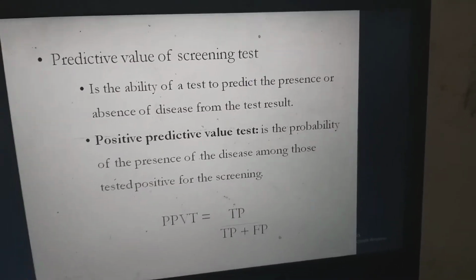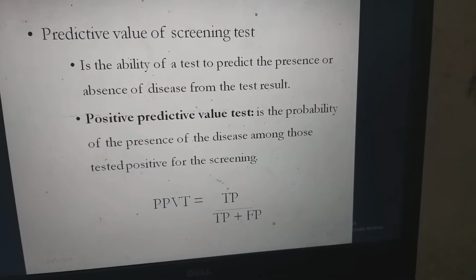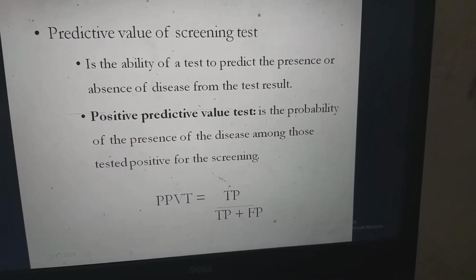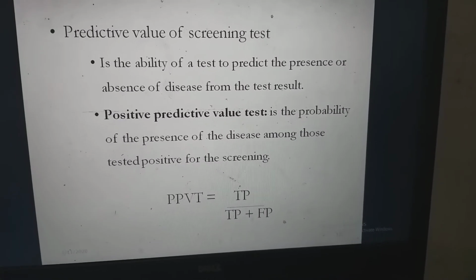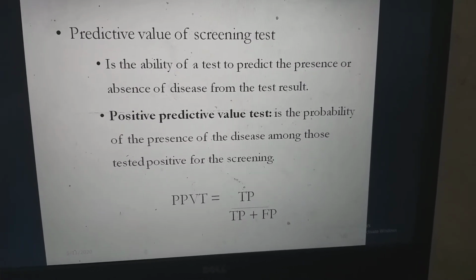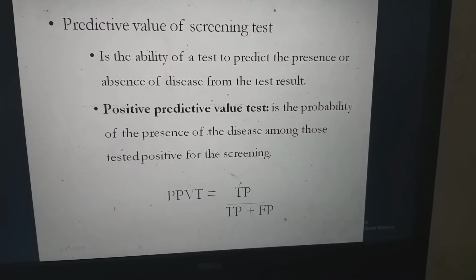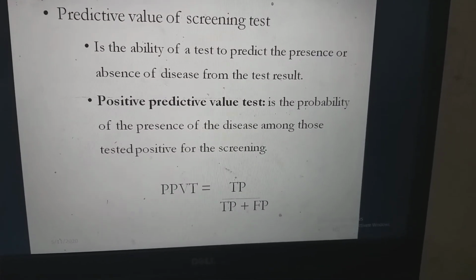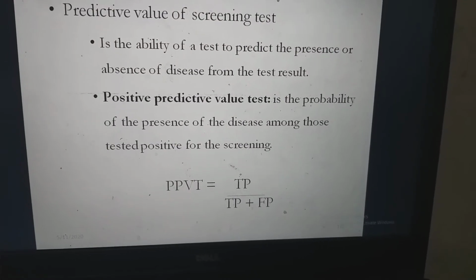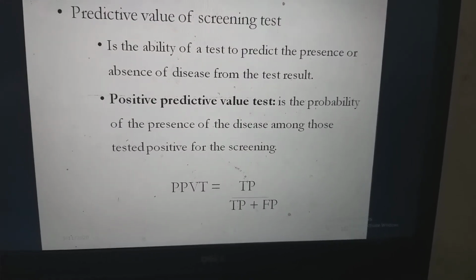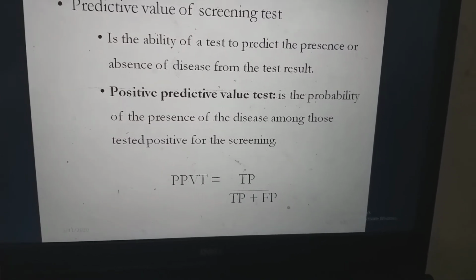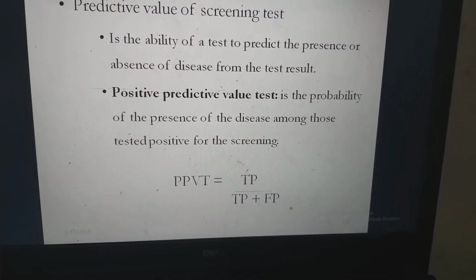Good. Predictive value of a screening test. Predictive value is the ability of a test to predict the presence or absence of a disease from the test result. So there are two things here: positive predictive value and negative predictive value. Positive predictive value is the probability of the presence of disease among those who tested positive for the screening.